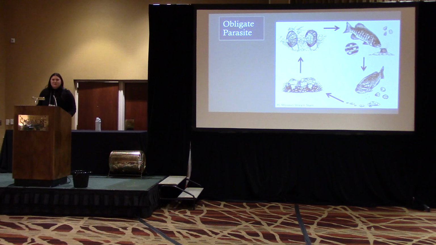Ultimately then, if you saw Brian's presentation last year, the Glochidia will be sprayed at the fish somehow, and they will attach to the gill filaments of the fish. This is where they experience their parasitic life cycle stage, and they basically metamorphose into juveniles.